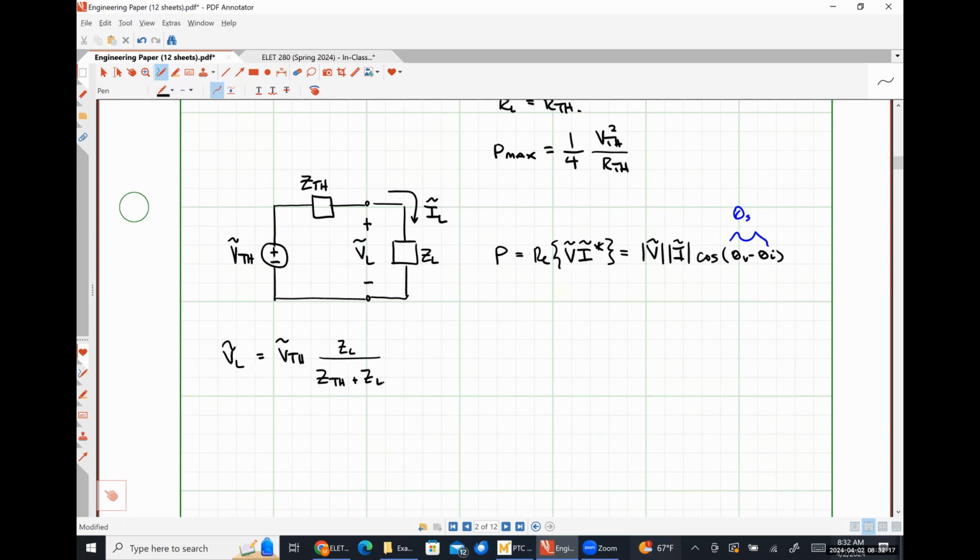Which I could write as VTH times RL plus JXL, divided by RTH plus RL plus JXTH plus XL. All I'm doing is putting my impedance in rectangular form.